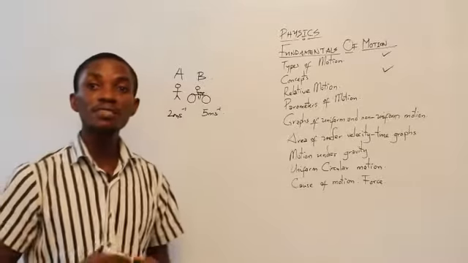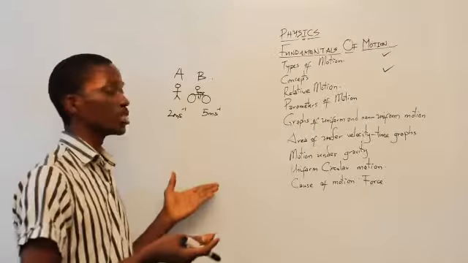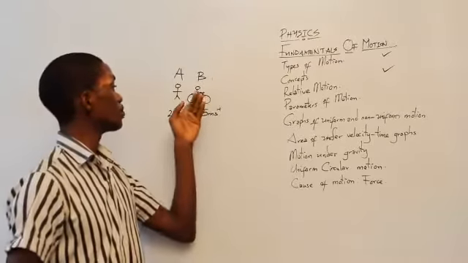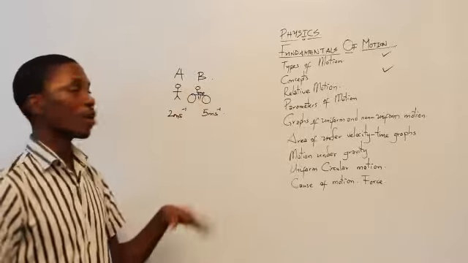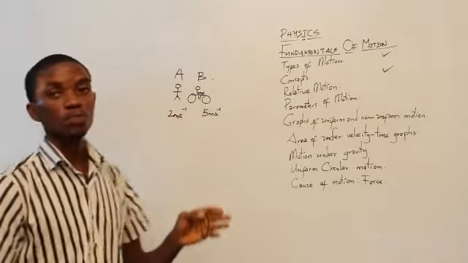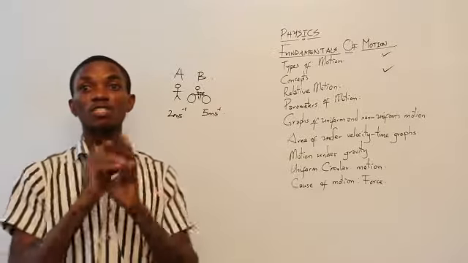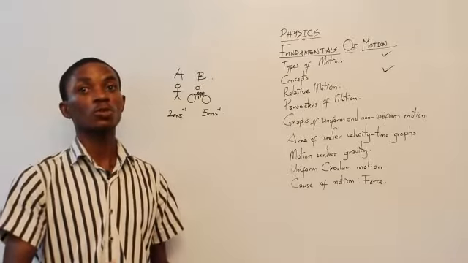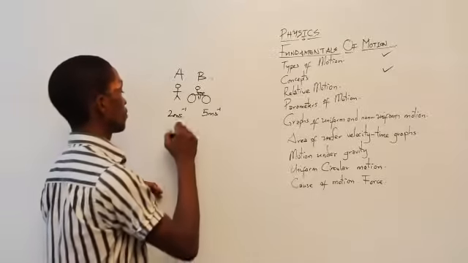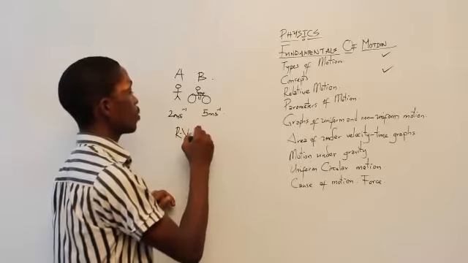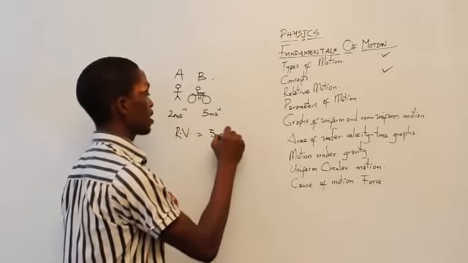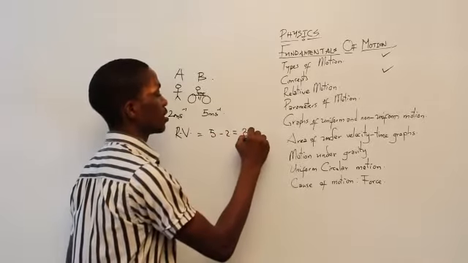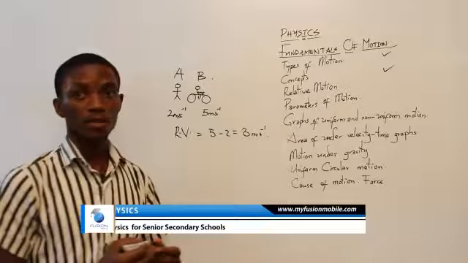So what is the relative speed of man B to A? That will be 5 minus 2, because man B will have to look like he's at 0 for man A to look like he's moving on his own. So the relative velocity here would be 5 minus 2, which will be 3 meters per second.